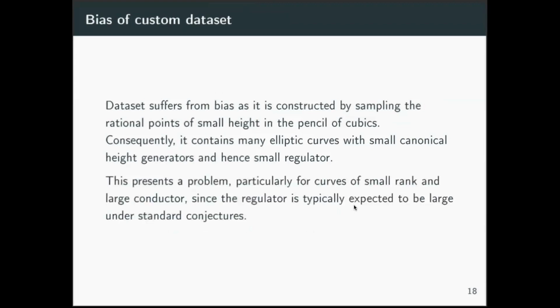And this is a problem because for curves that are small rank and large conductor, this is very untypical, because you can expect under some standard conjectures that this regulator will be large. So because of this construction, this data set is biased in this way.